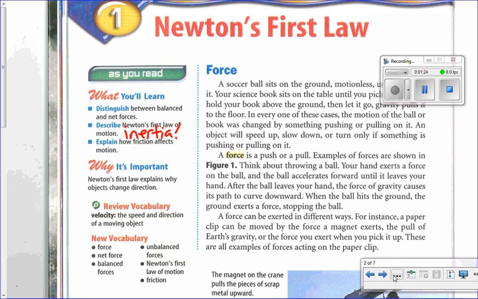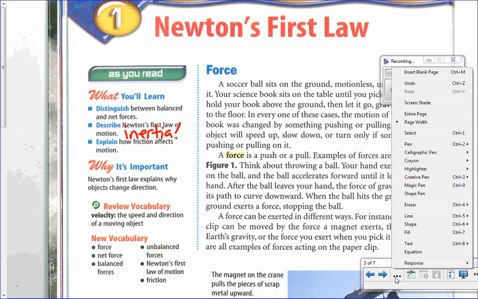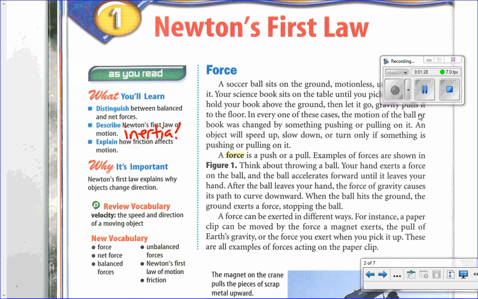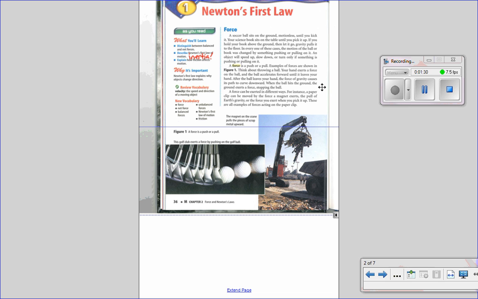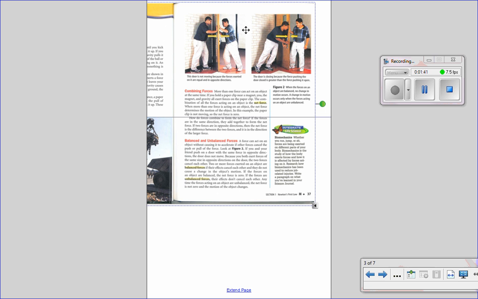So we are going to look at this whole section just for a second and take a look at the headings and how we're going to make our outline. On page 36, we have a big red heading called Newton's first law, and then a blue heading that's force. Then on the next page, we have two smaller red headings.